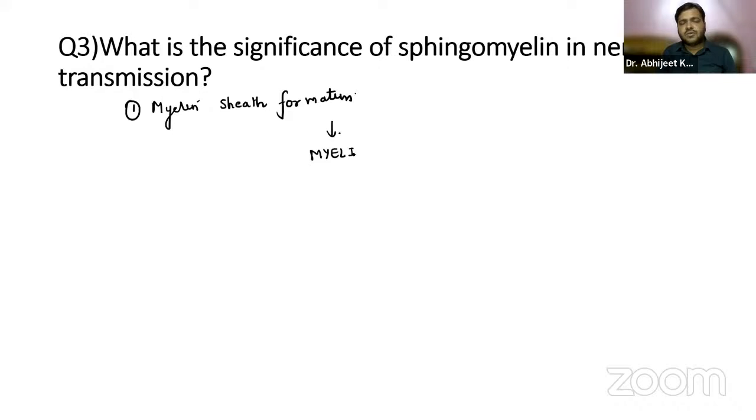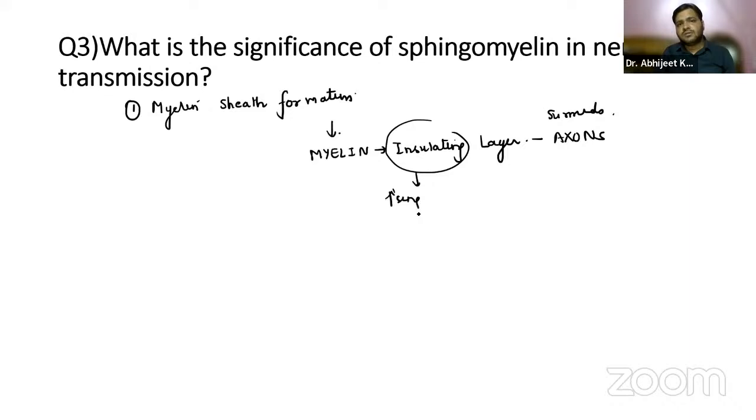Myelin, as I've just told you, is an insulating layer that surrounds the axons. This insulation is essential for increasing the speed of electrical impulses, the action potential.